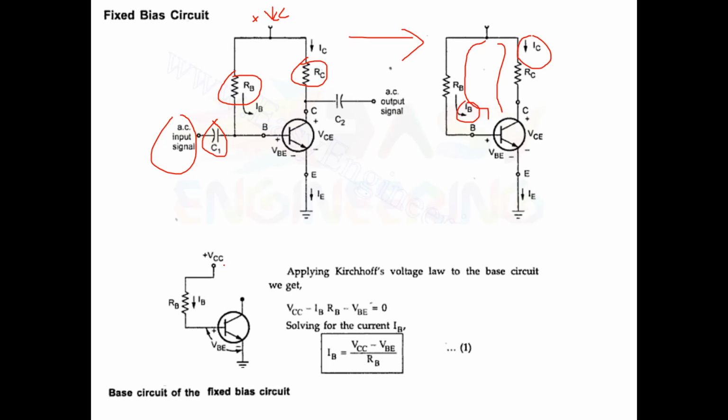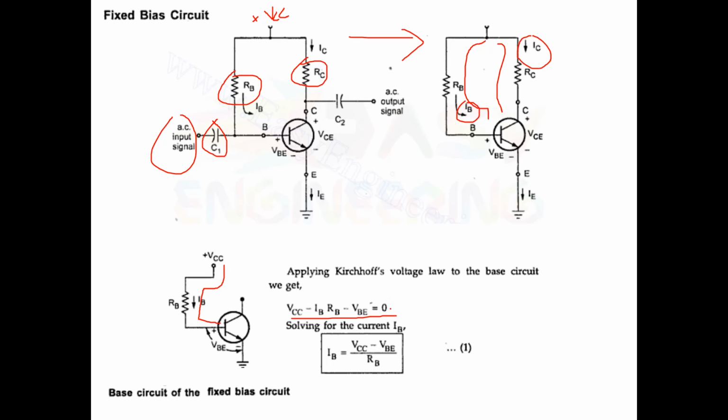We have taken plus VCC and RB to the base. That is called the base circuit. We are applying the Kirchhoff voltage law. Do you know the Kirchhoff voltage law? The sum of the voltages in a loop is equal to 0. Then plus VCC minus IBRB minus VBE is equal to 0 according to the Kirchhoff voltage law.